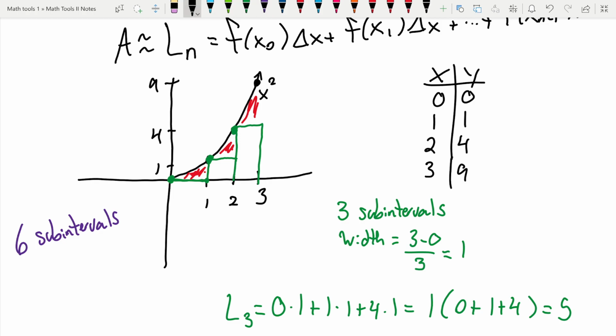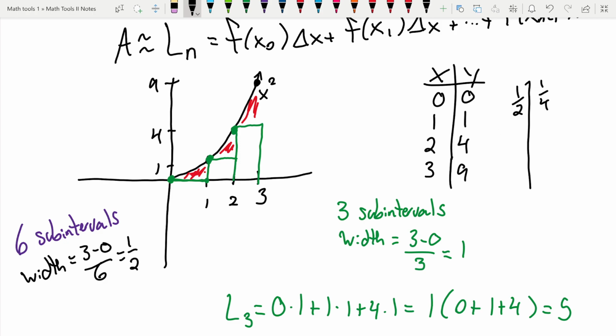And for that, maybe we need some more X and Y points as well. First of all, the width of the rectangles here will be 3 minus 0 over 6, so it'll be 1/2. So we're going to need every half point. So we already have the full points, so now we're going to need 1/2, which is going to be 1/4.